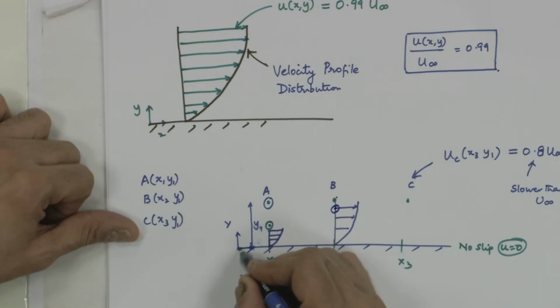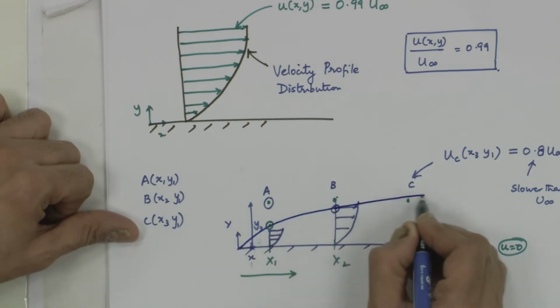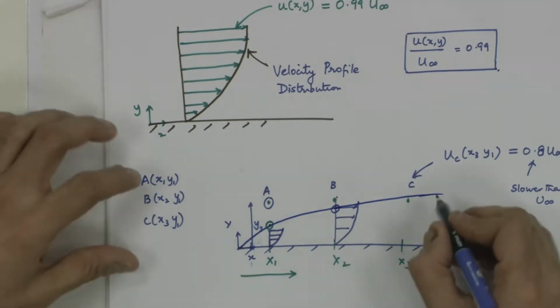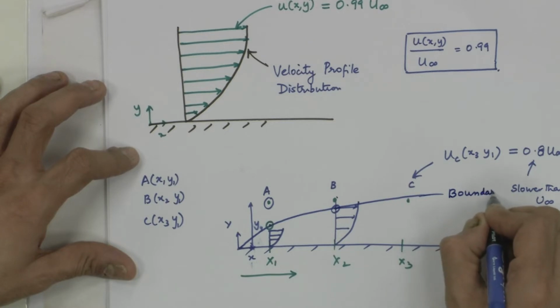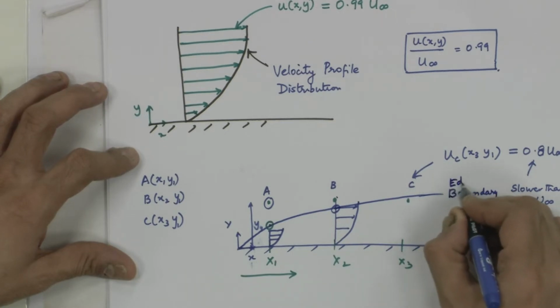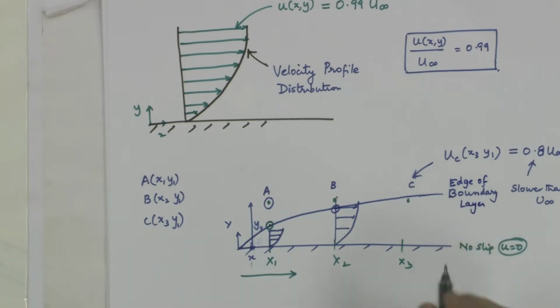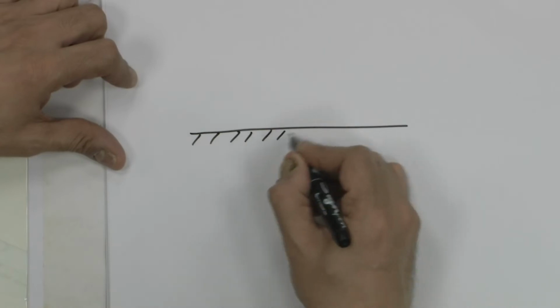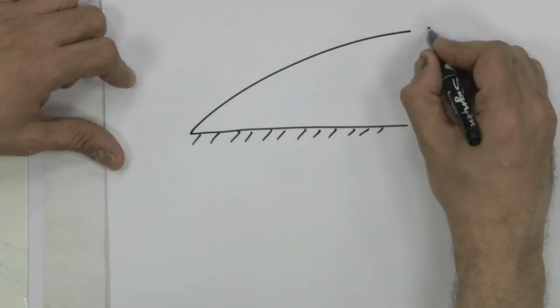So, when I join these points, this will be called the edge of the boundary layer. Basically I will draw this again and make it nice, so that we do not write anything there. This is the solid surface, this is the edge of the boundary layer.